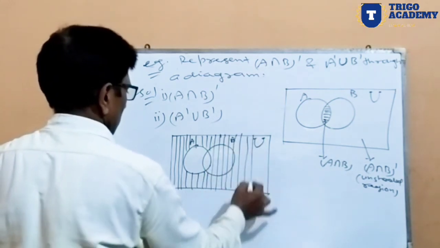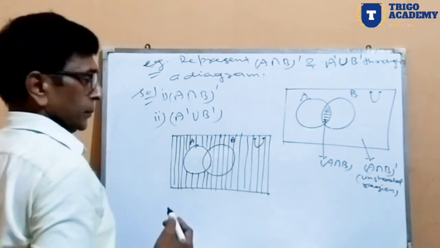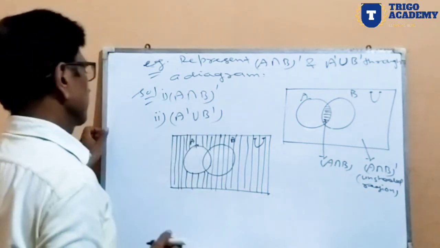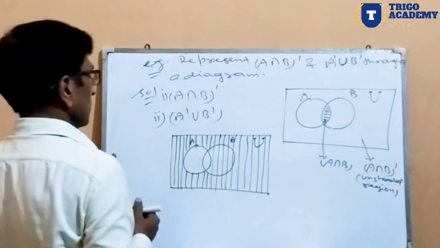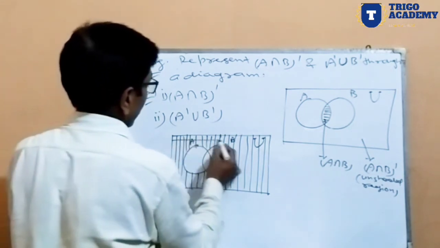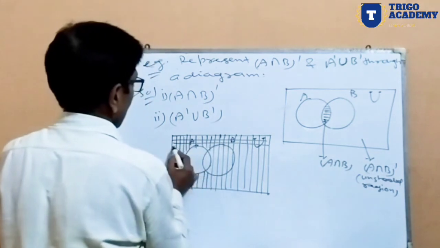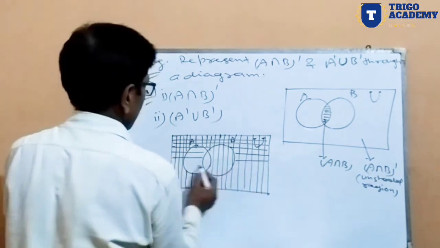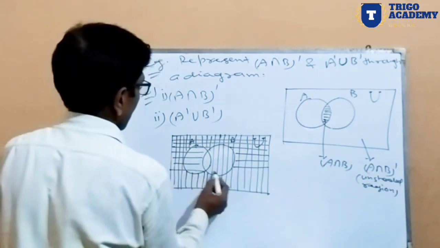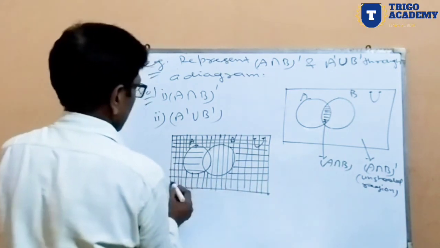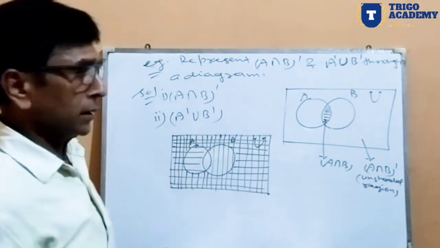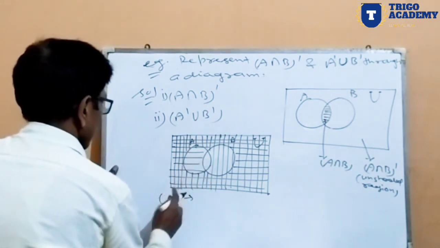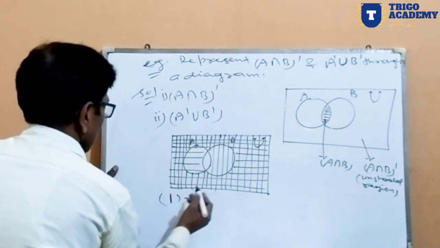These lines lie in B. And B' will be out of B. Out of B, it means the region outside B represents B'. These vertical lines represent A'.